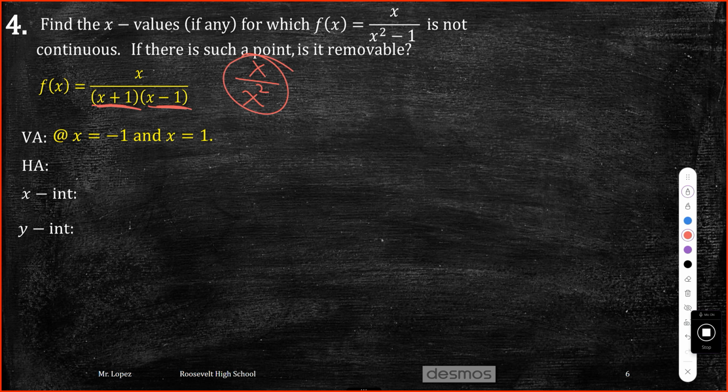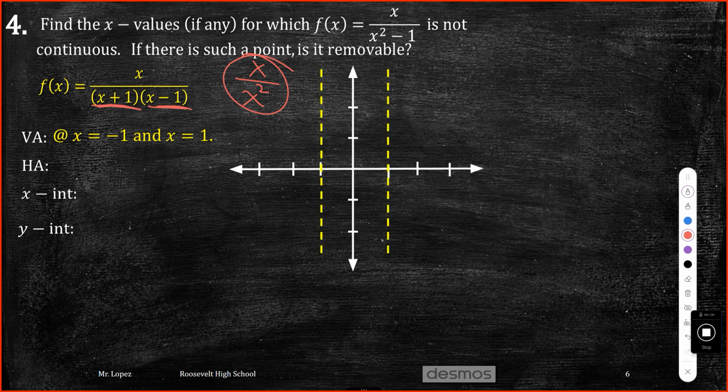This is going to be y equal to 0. X-intercept, set the y equal to 0, it's found on top, so it'll be at x equal to 0. Y-intercept, set all of them equal to 0, so you're going to get x, 0 at the top, then you have 1 times negative 1, you get 0 over negative 1, which is 0. So this is going to be 0 for the y-intercept.